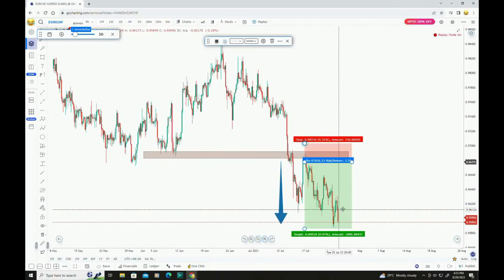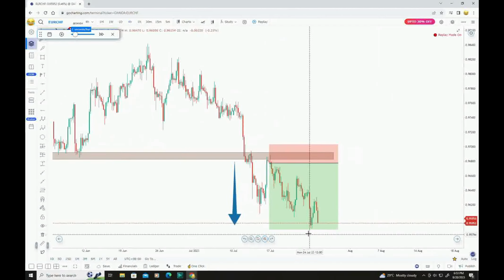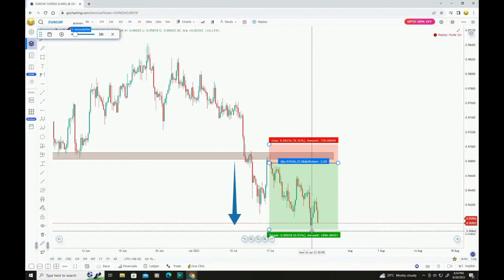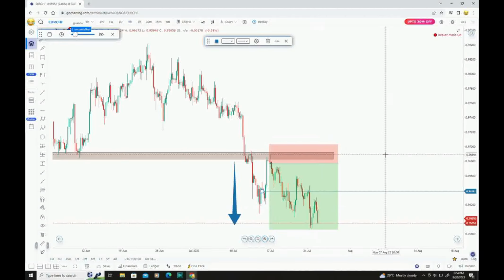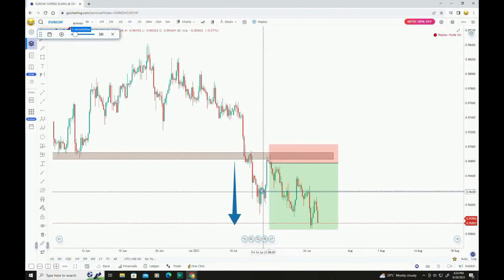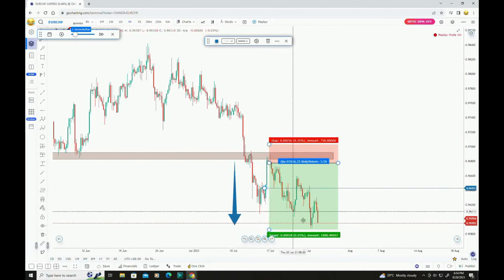Look guys, once the price was about to hit our TP, and this is our last TP, we already closed some position because we are risking here. Here was our TP1, 1-to-1, around here. We already achieved that, but now this is our last TP.